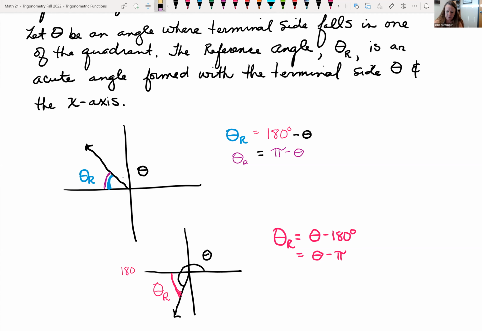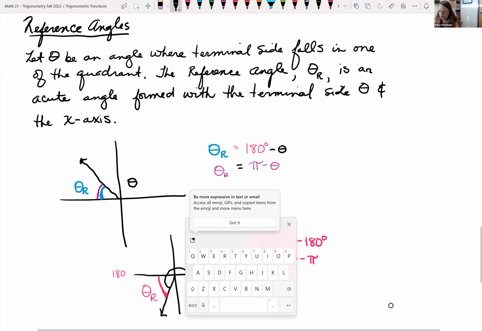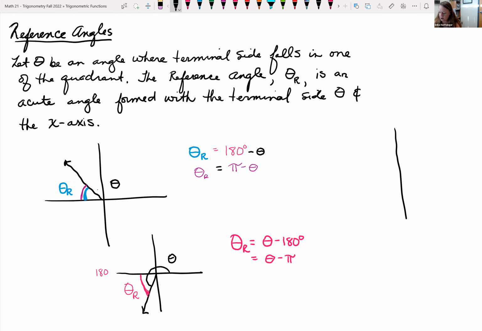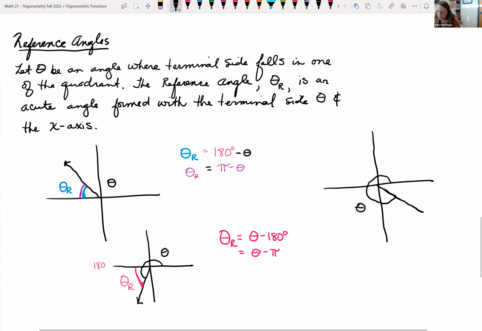And the last example, we fall in quadrant 4. So if our angle theta gave us the terminal side of our angle in quadrant 4, well, if we did a full rotation, that's 360 degrees.